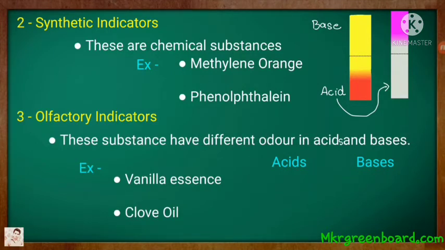Third one, olfactory indicators. These are substances that have a different odor in acid and bases. Odor means smell. That's why the name is olfactory. Examples are vanilla essence and clove oil. They have a strong smell.